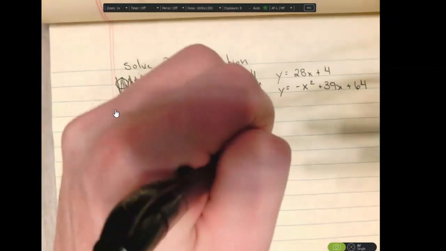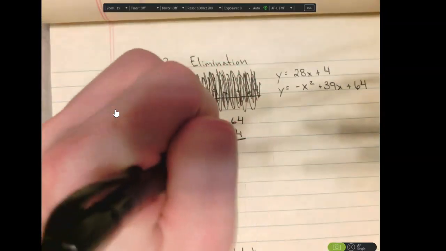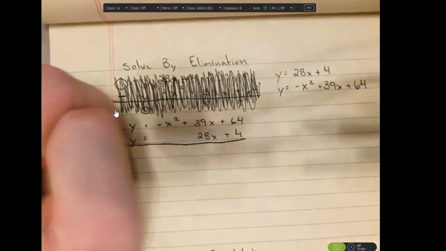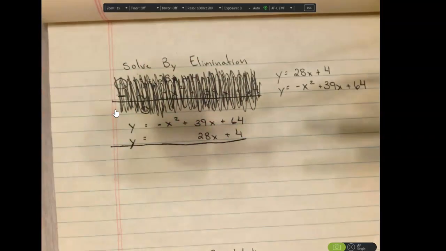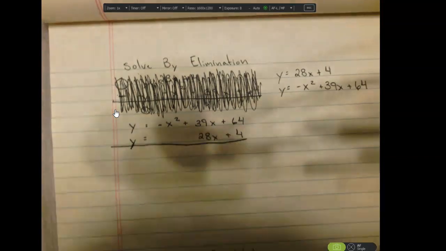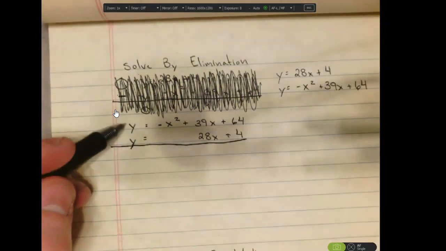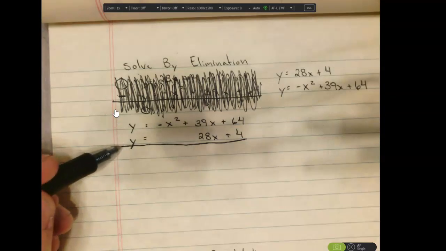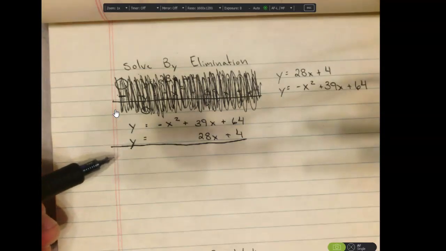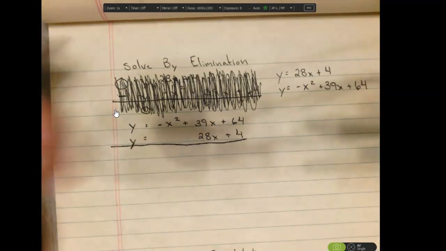So I'm going to either add or subtract these two equations, whichever way gets rid of the y's completely. If I were to add these two equations together, and I had y plus y, that's going to give me 2y. That does not get rid of the y. What if I did y minus y?